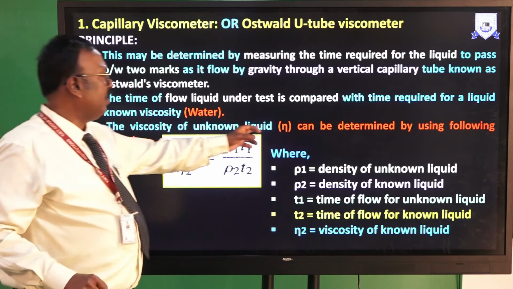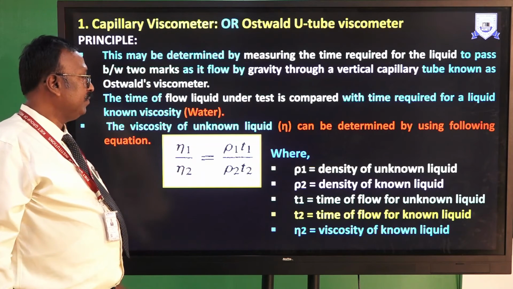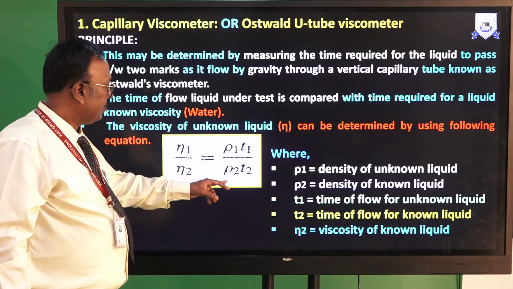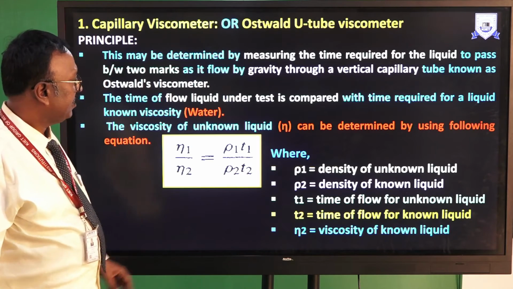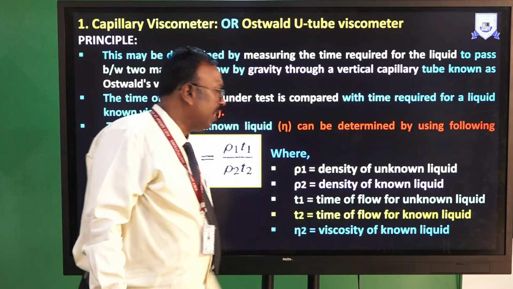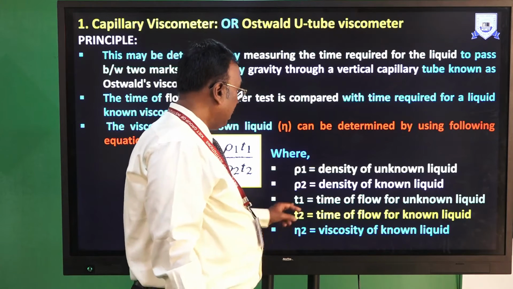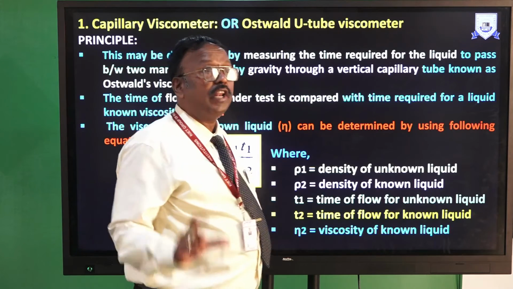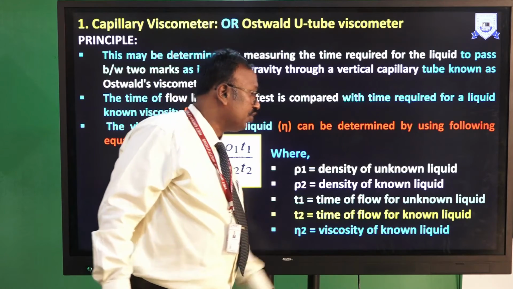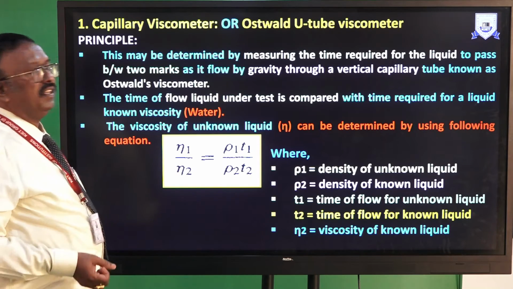The viscosity of the unknown liquid can be determined by this equation: nu1 divided by nu2 is equal to rho1 T1 divided by rho2 T2, where rho1 is the density of unknown liquid, rho2 is the density of known liquid, T1 is the time of flow for unknown liquid, and T2 is the time of flow for known liquid, which is water. Nu2 is the viscosity of the known liquid. By using this formula, we can calculate the viscosity.